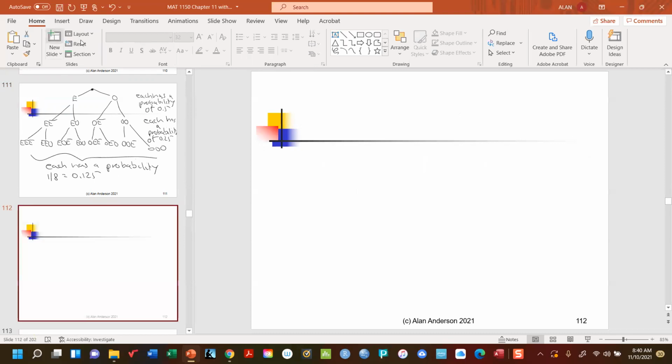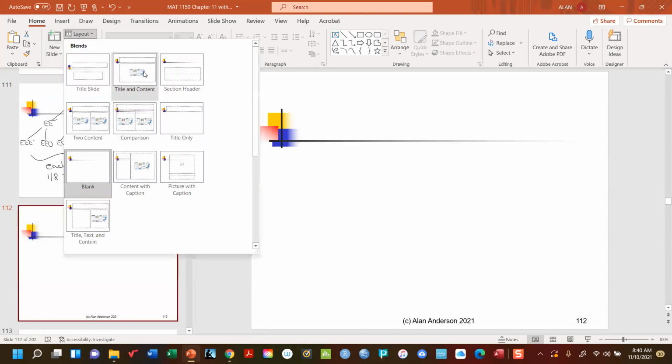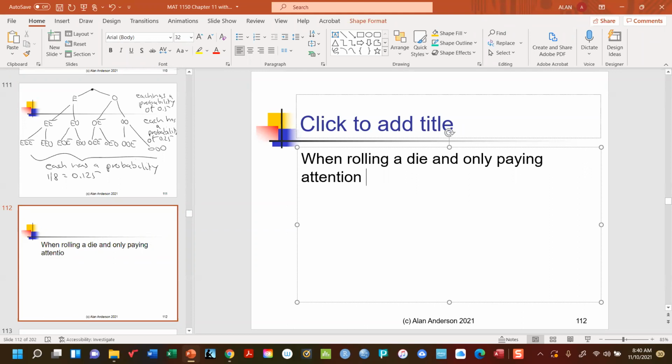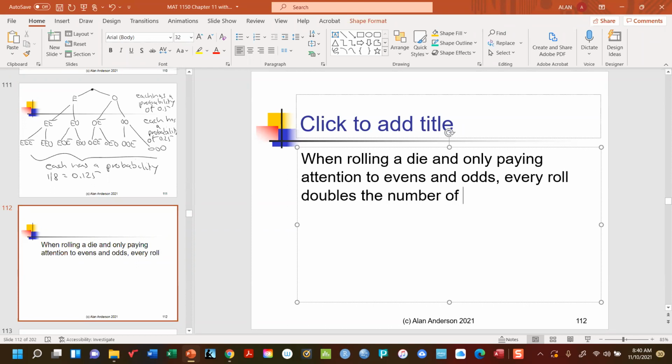Okay, so let me make a note of that here. When rolling a die and only paying attention to evens and odds, every roll doubles the number of possible outcomes.